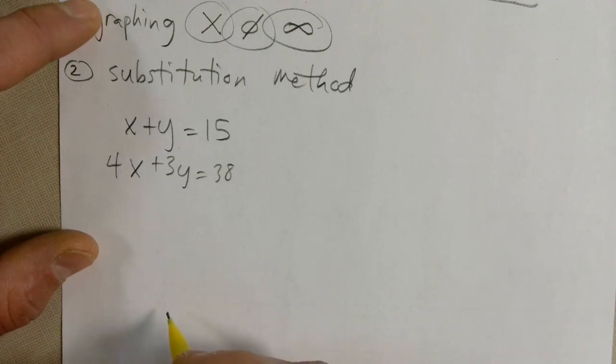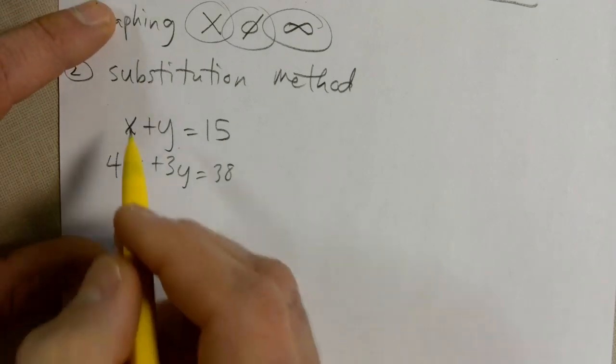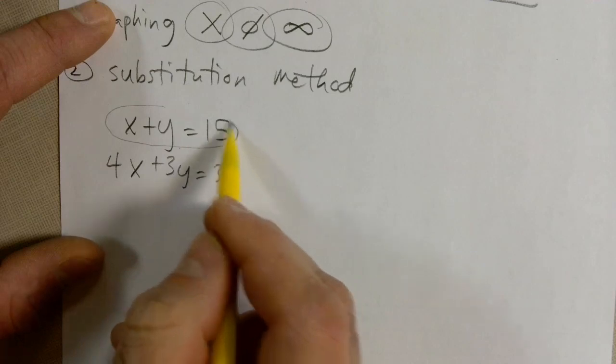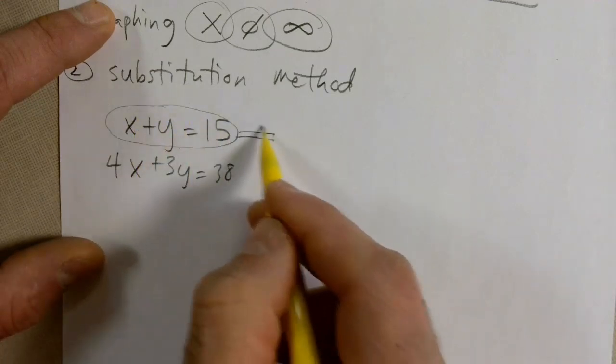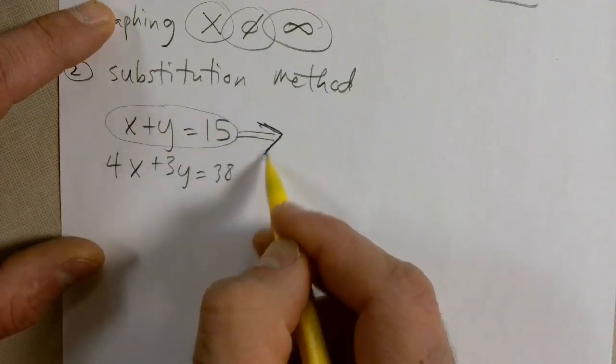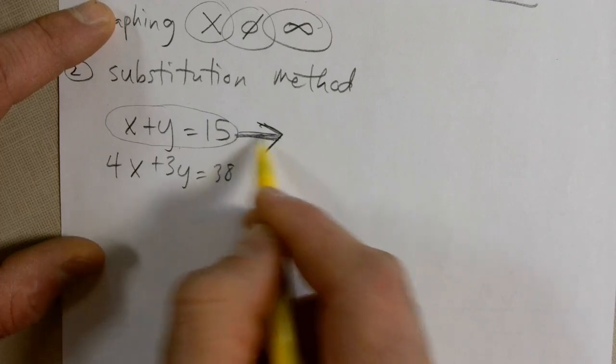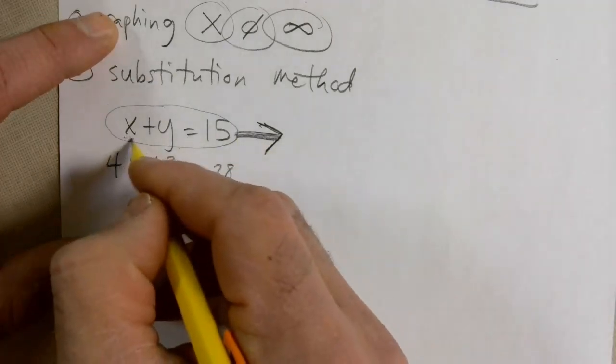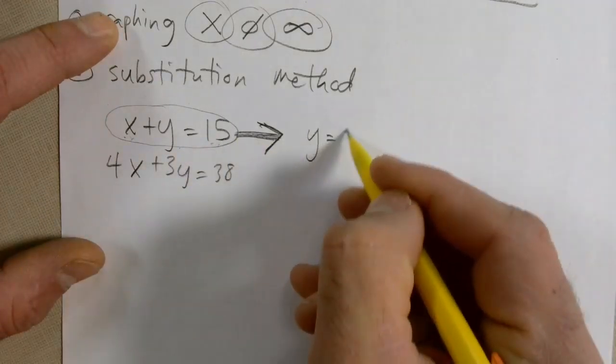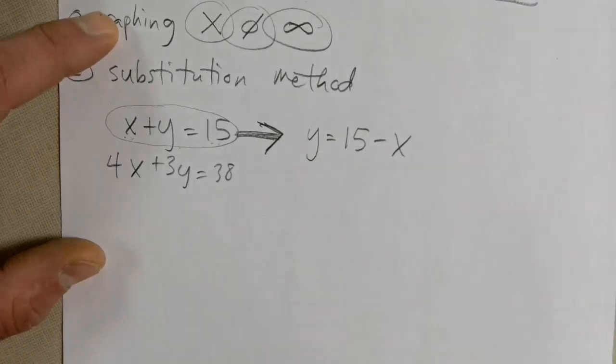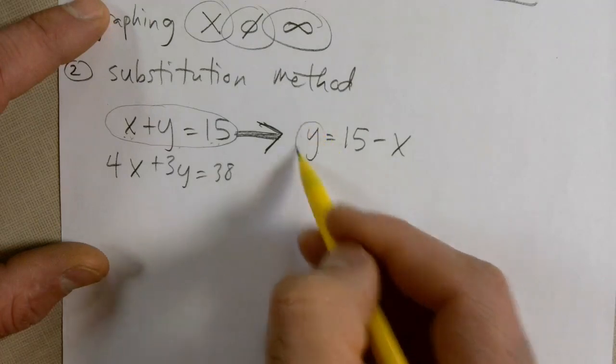The first thing we're going to do is solve this equation for y. We're not changing what it means, but we're changing how it looks. So we're going to subtract x from both sides and get y equals 15 minus x. Now that I've isolated y, what does y equal?